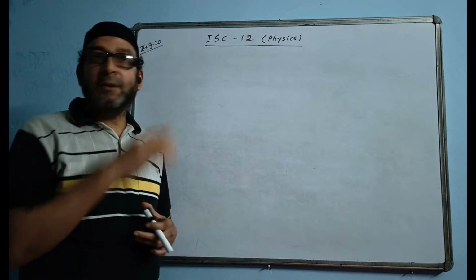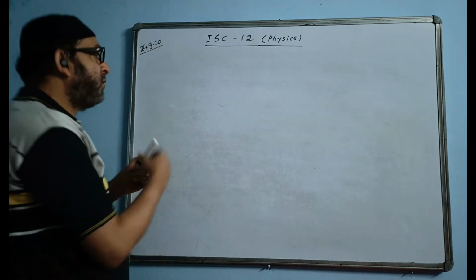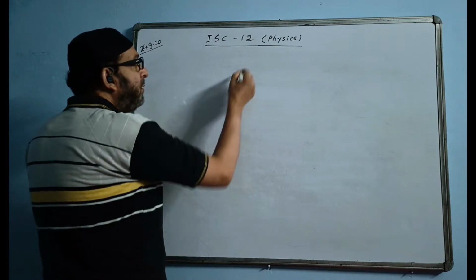We'll do one more question on the previous chapter and then we start the new chapter, Gauss theorem. One question is also important here, you can just have an idea about it.